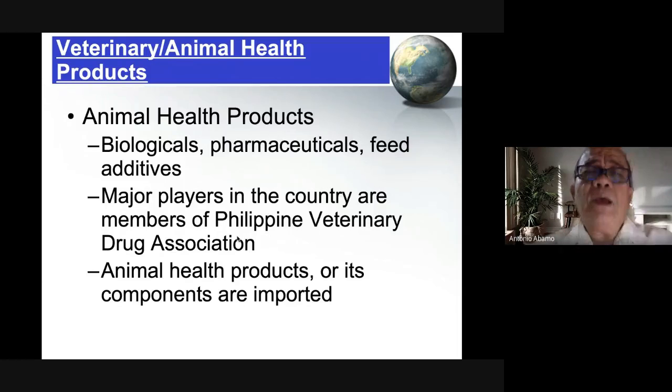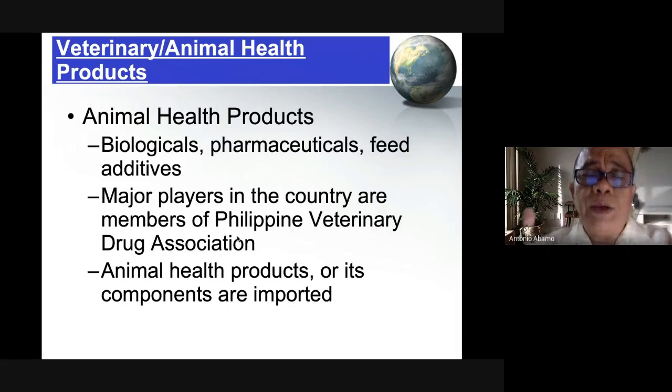That's why for animal health, we are not yet talking about human health, but for animal health on maintaining good stocks of medicines, vitamins, and vaccines, we actually depend on imported material.